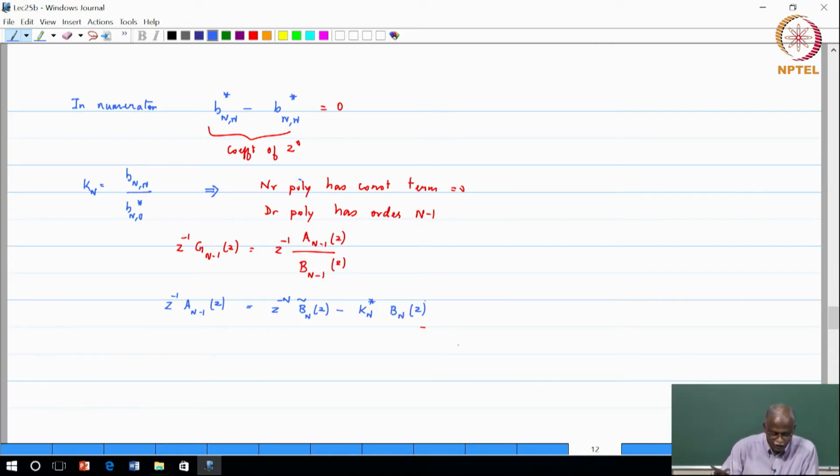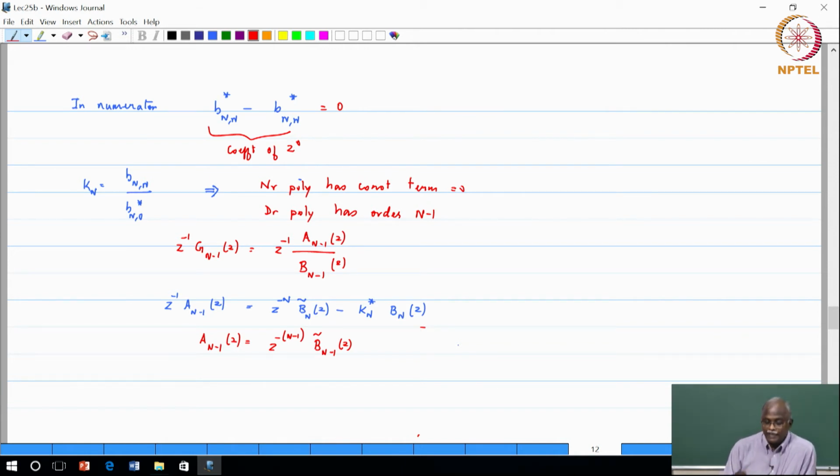This is the expression for the numerator, and you can verify, again it is absolutely straightforward, but very, very important that you verify that this gives you the following result, that a n minus 1 of z is actually equal to z power minus n minus 1 Bn minus 1 of z tilde. Okay. Very, very important that you are able to verify. It's straightforward, but please do verify that this is the case.